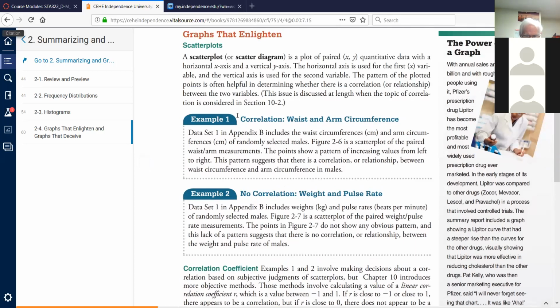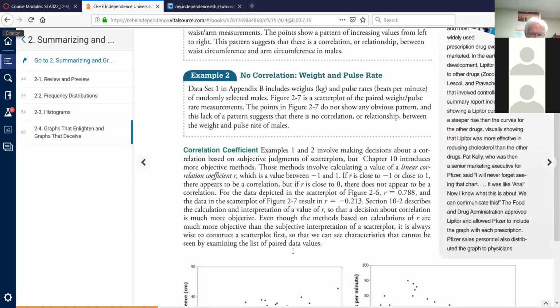And then another is weight and pulse rate. These weight and pulse rate are examples of paired data, meaning you're looking at the weight and pulse rate of the same persons.